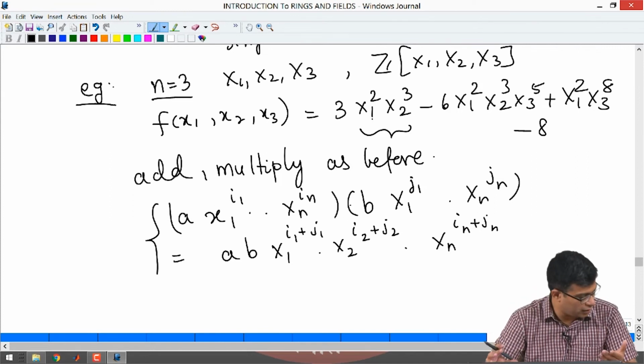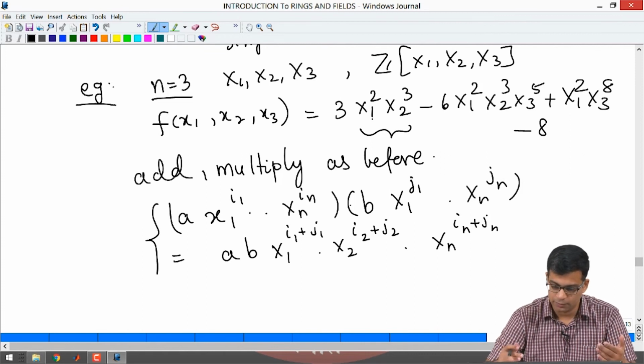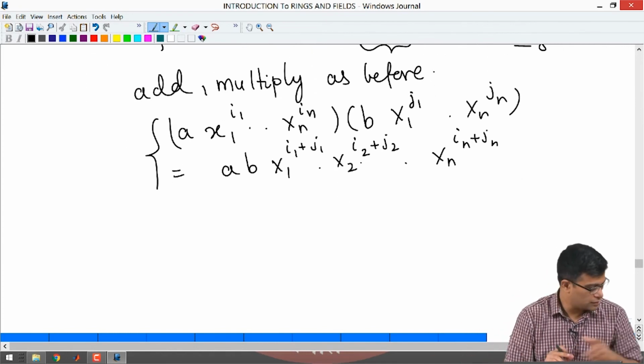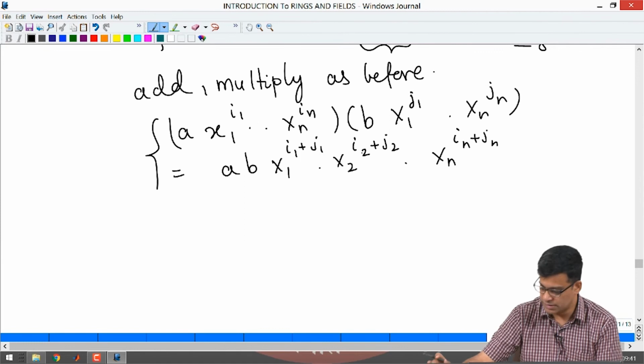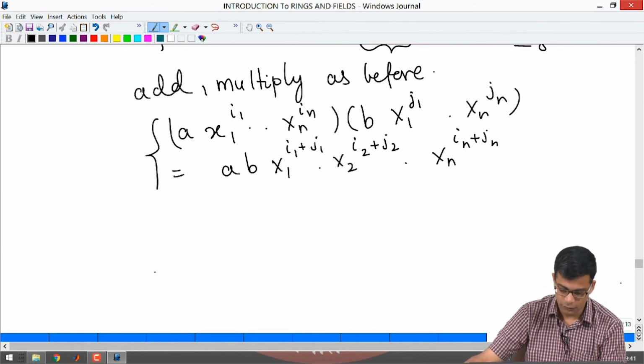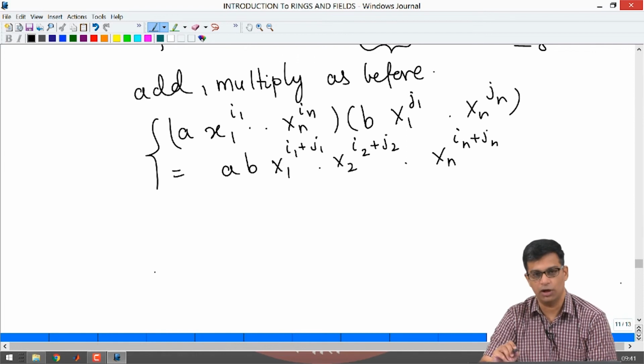Now, how to multiply arbitrary polynomials? You will simply multiply one by one, just like you did in the case of single variable polynomials. So, this is just to give you an idea of how to multiply and add two multivariable polynomials.